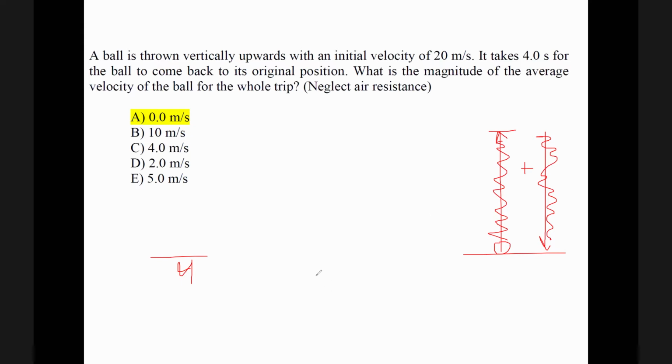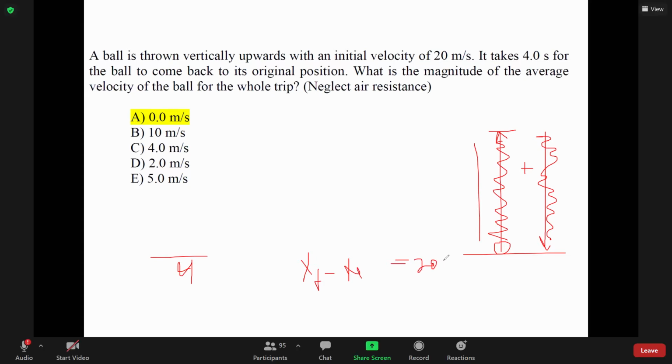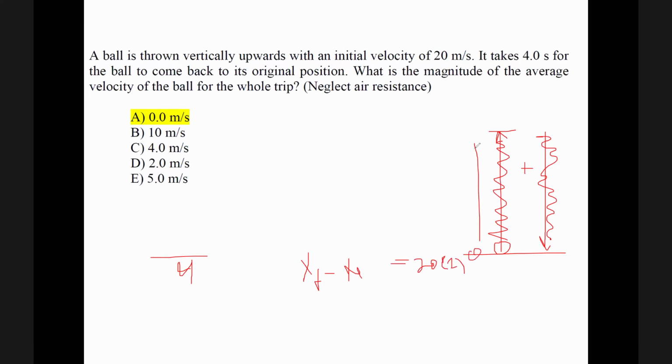How can we calculate it? X final minus X initial, for the first part, equals V naught, which is 20, times T, which is 2 seconds for this trip from the bottom until maximum height, minus half g, which is 9.8, T squared, which is 2 squared.